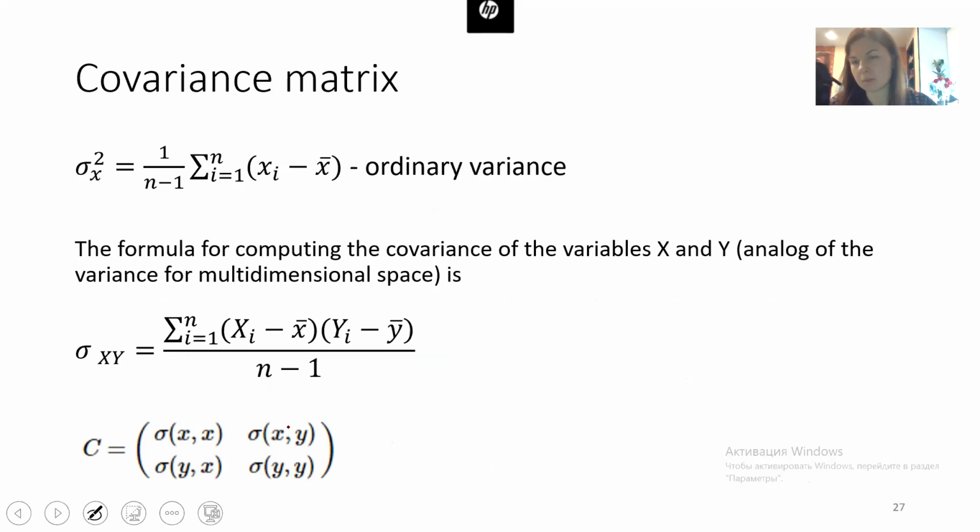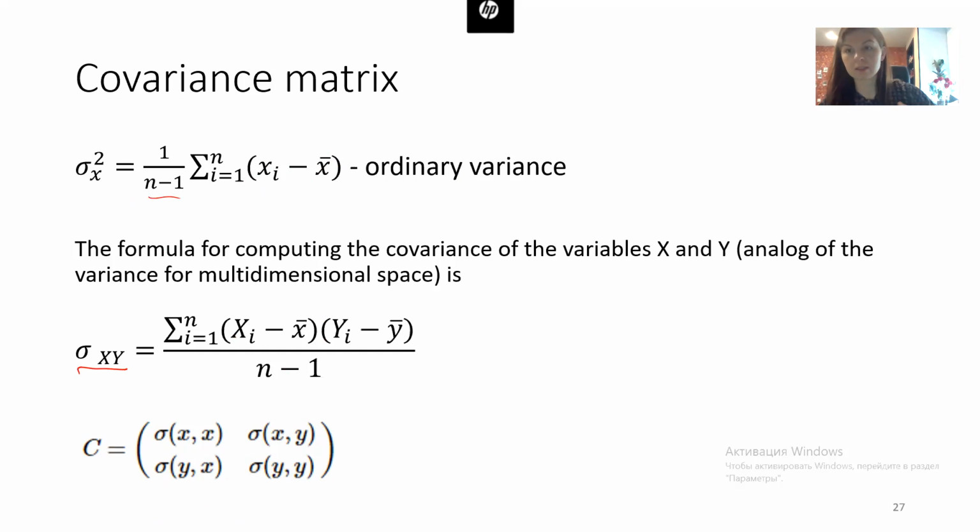As for some information about the covariance matrix, ordinary variance is calculated as follows. We have observations, we have the mean value of the feature, calculate the deviation from the mean value divided by the number of observations minus 1. And when we are talking about covariance, it's like how could we express the variance of x using y?